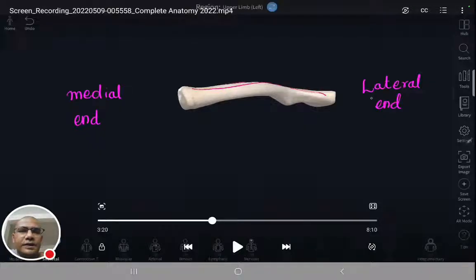It has superior surface, inferior surface, anterior surface and posterior surface in its medial 2/3, whereas in its lateral 1/3, as it is flattened above downwards, it has anterior border, posterior border, and superior surface, inferior surface.